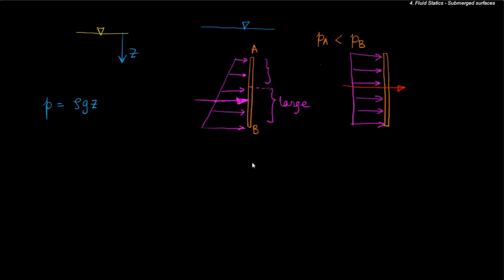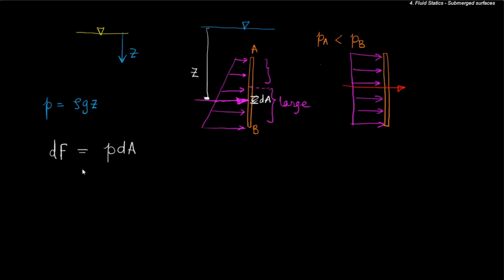So with this physical intuition in mind, let us proceed to quantify the facts stated before. So at a given point, say at a distance z from the surface, the force acting on a differential element, say the area is dA, will be simply P times dA.